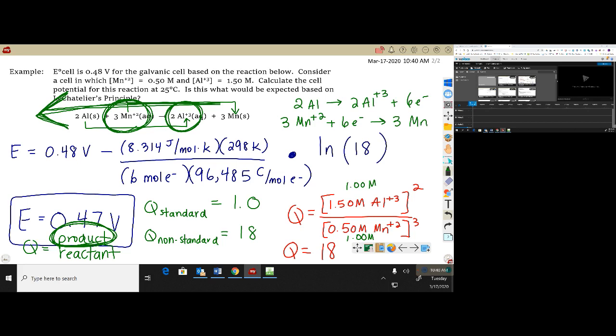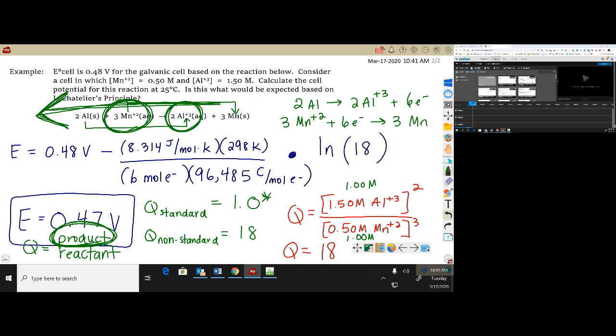So standard Q is always 1. And then we're going to say, under my new non-standard conditions, Q is bigger than 1. That means there's more product. I'm shifting in reverse. More product, or we could say less reactant, which is the case here too. Less reactant, well, I got to shift in reverse to make more reactant. But they want you to talk about Q, not Le Chatelier. And we got to compare our non-standard Q to standard, which is always going to be 1.